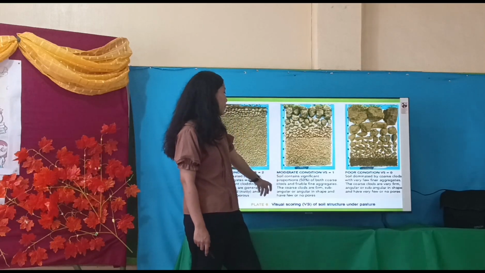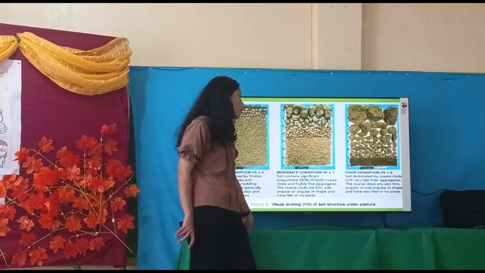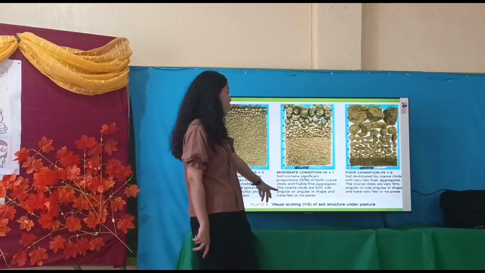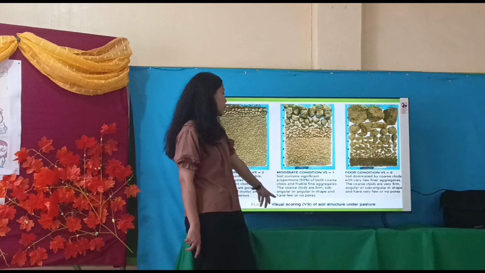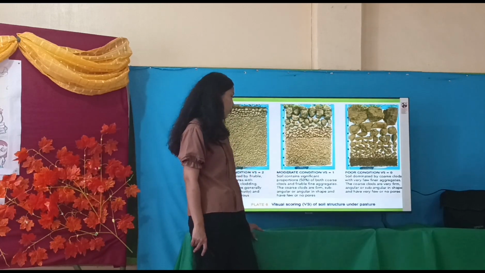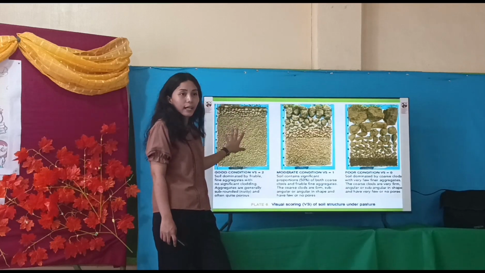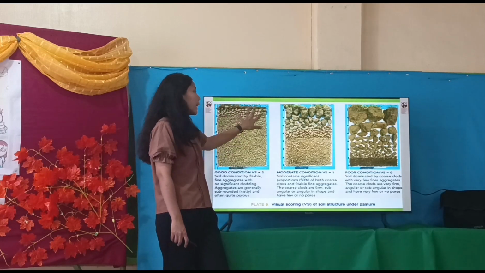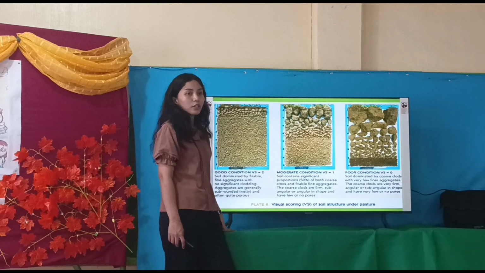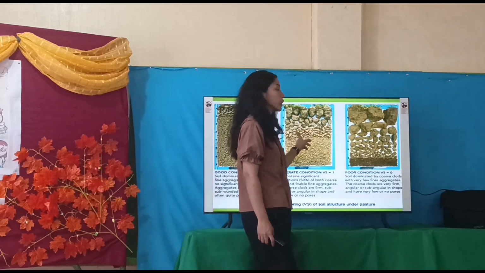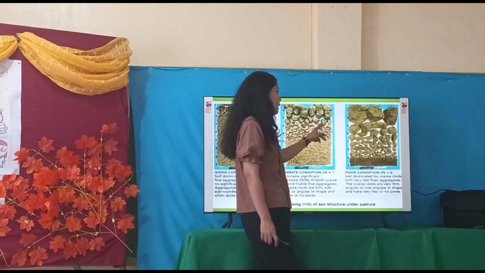Soil contains significant proportions, 50% of both coarse clods and friable fine aggregates. The coarse clods are firm, subangular or angular in shape, and have few or no pores. So nakikita niyo yung difference dito with no pores talaga. Right? Para equally yung drainage niya. Diba? Here naman, may makikita ka mga pores, may mga spaces, right?